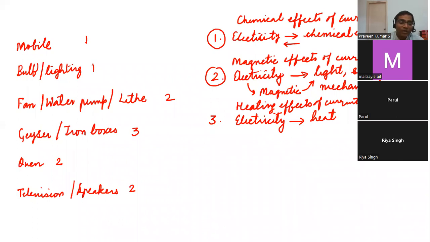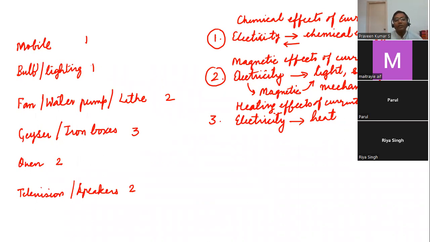So how does a microphone work or how does a speaker work? They all have magnets there. So this electrical energy is making use of the magnetic effects of current to produce the necessary sound that we want. Okay, so the largest applications of electricity are usually in the second category, the magnetic effects of current.